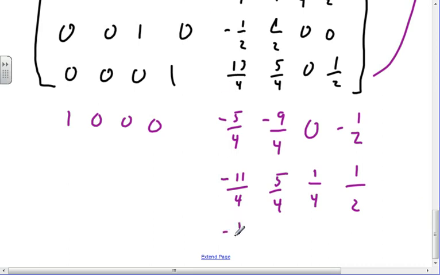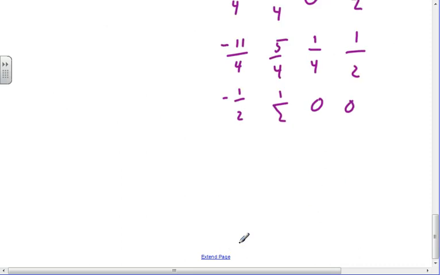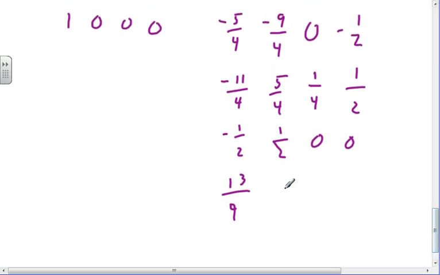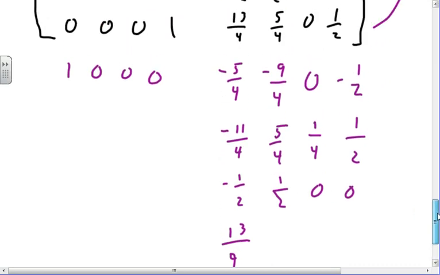Minus 1/2. 1/2. 0, 0. 13 quarters. 5 quarters. 0, 1/2. Now, did somebody put this in their calculator?